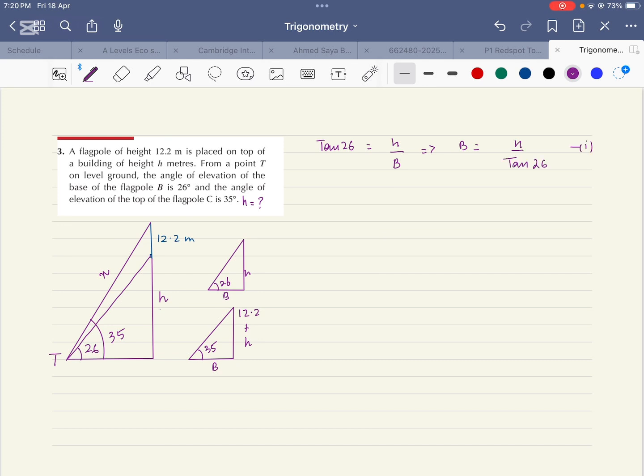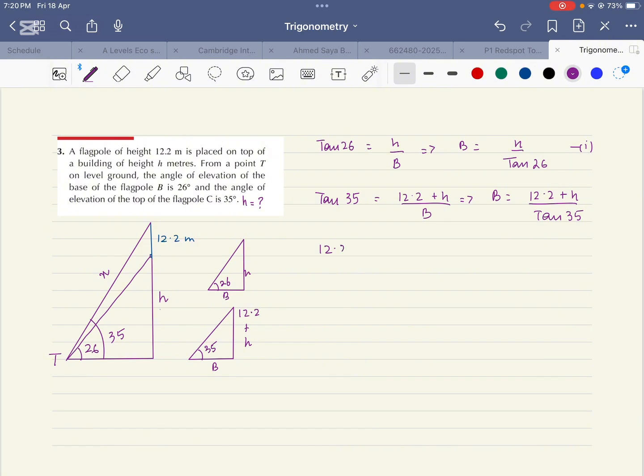This is equation 1. For equation 2, I will write tan 35 is equal to 12.2 plus h upon base. So my equation becomes base is equal to 12.2 plus h upon tan 35. Now I equate both of them.